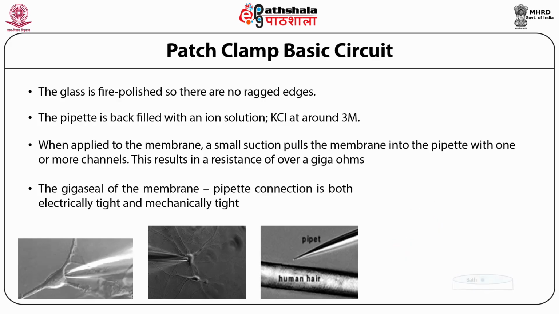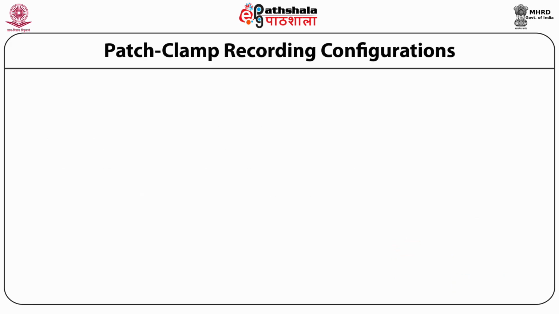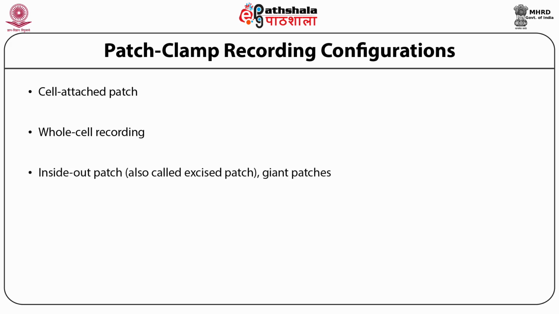Now coming to the patch clamp recording configurations, there are various patch clamp configurations. It can be cell attached patch, whole cell recording, inside out patch, which are also called excised patches, and outside out patch.